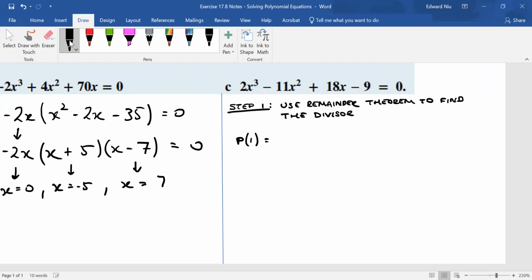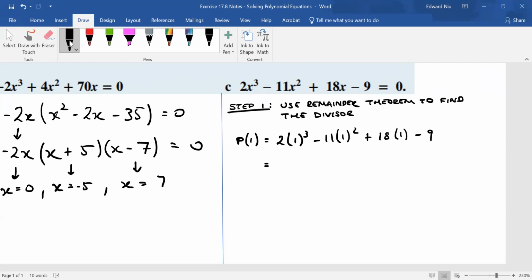So here we've got 2 times 1 cubed, take 11 times 1 squared, plus 18 times 1, take 9. If this equals 0, we've found ourselves the divisor.